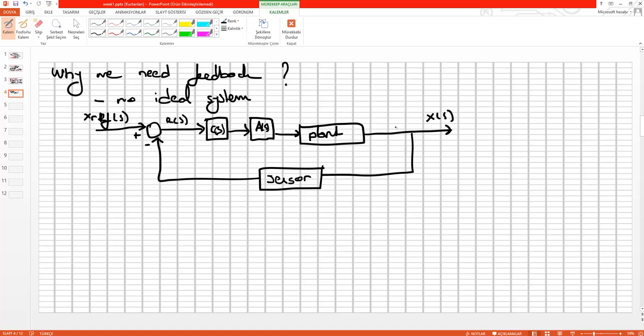And so this is X(s), and what's the type of this signal between A(s) and the plant G(s)? This is equal to F(s), right? And so the actuator must be driven by the controller. What is the input of the actuator in real life?